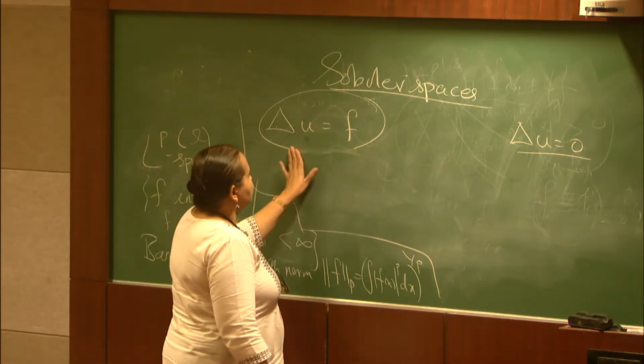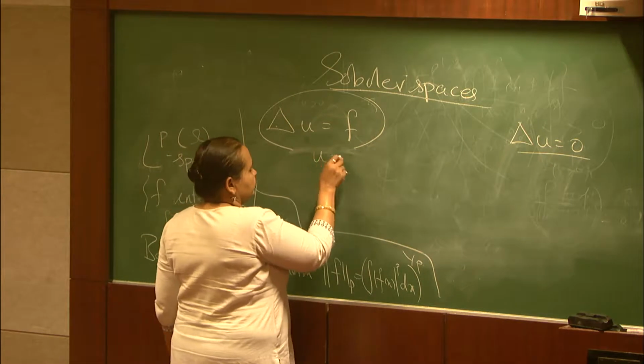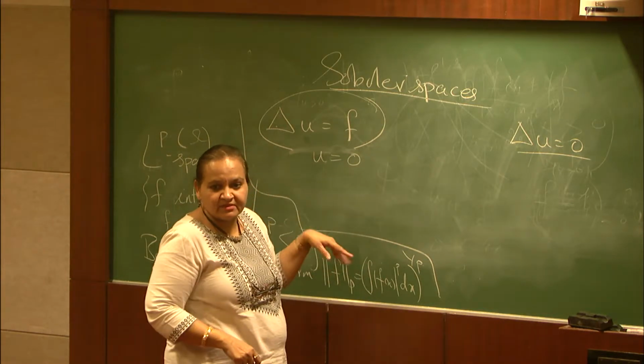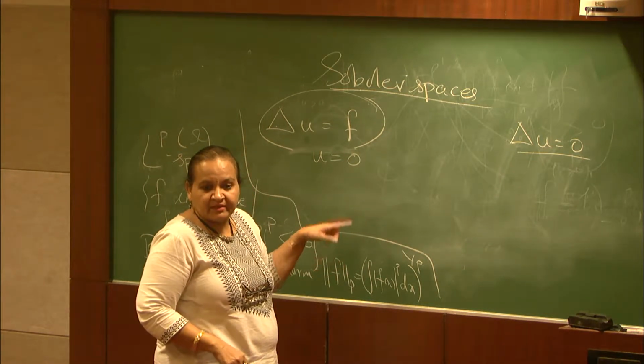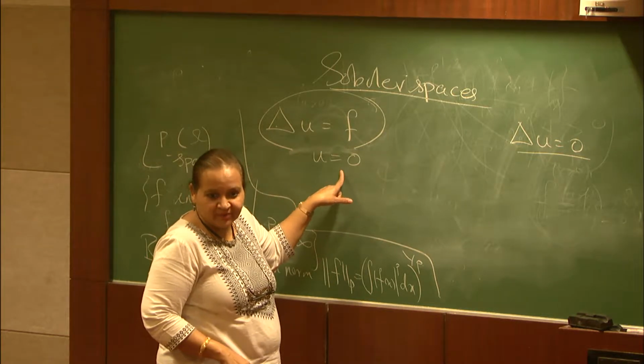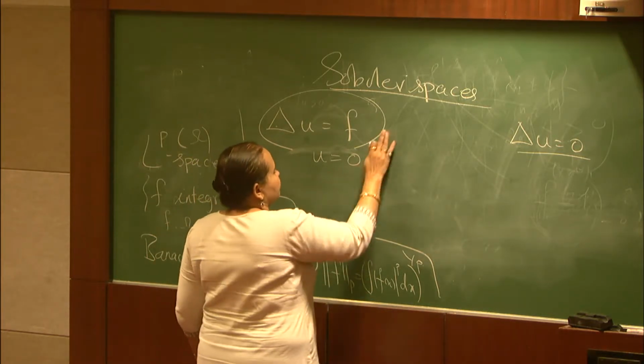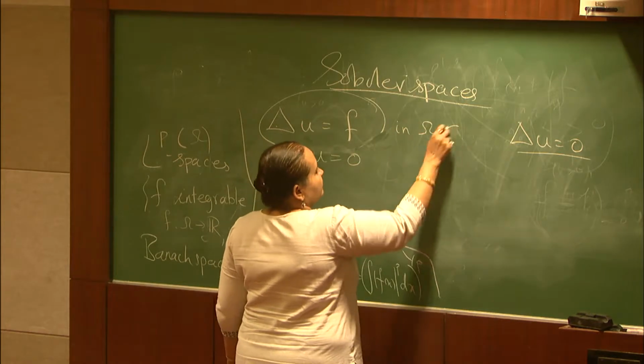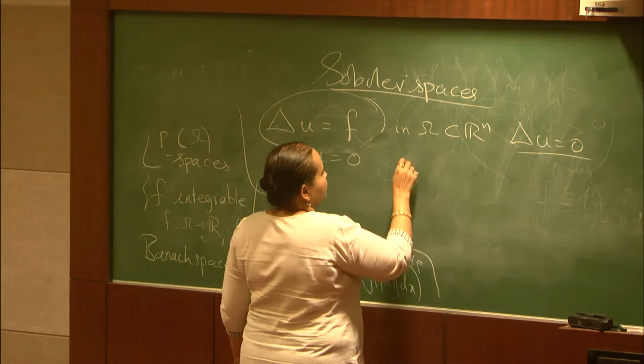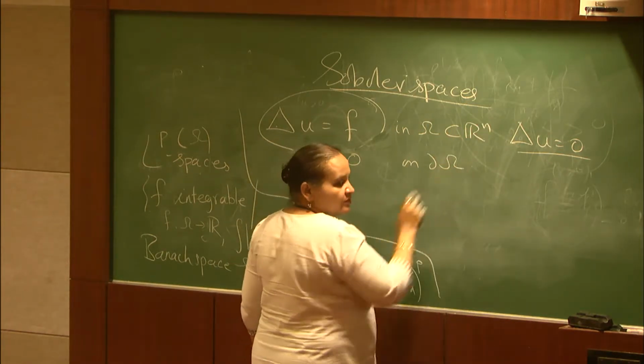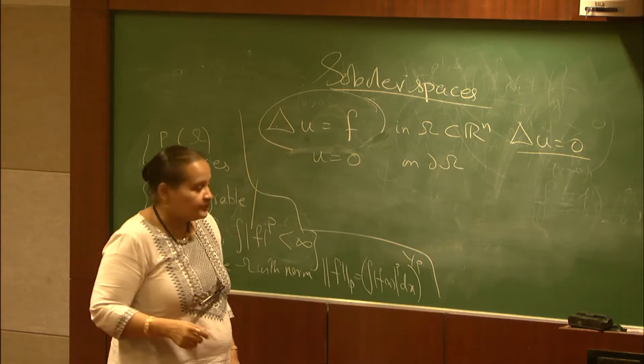Let us okay, here I'm just still going to consider the Dirichlet problem, what we are familiar with. So this is in omega, an open subset of R^n, with u equal to 0 on the boundary of omega. What can I do?